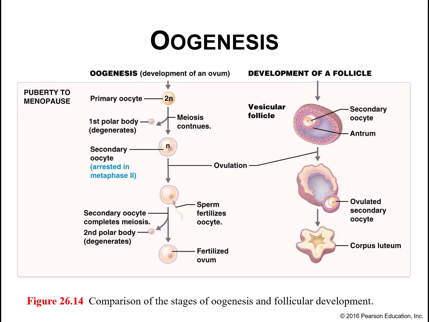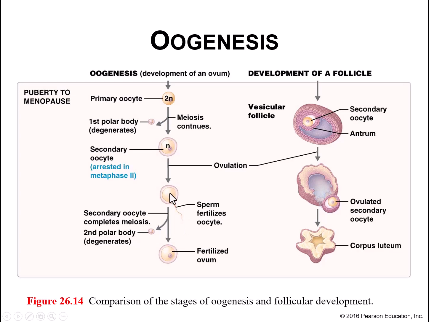That secondary oocyte enters into meiosis 2, where it continues into metaphase 2, and it stops in metaphase 2 and stays there unless a sperm fertilizes the oocyte. If it is never fertilized and it is released during your menses, then it will just be released in metaphase 2 and never finish out meiosis.